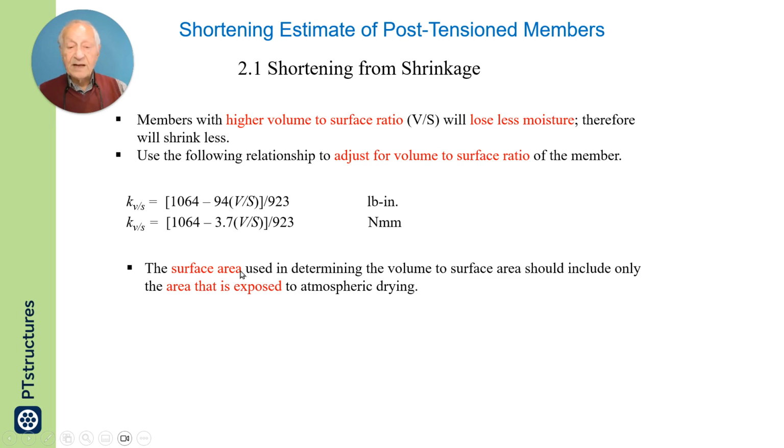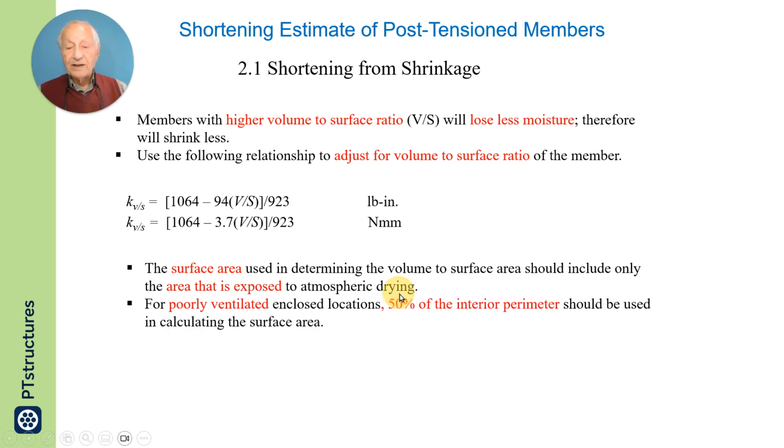The surface area used in determining the volume to surface ratio should include only the area that is exposed to the atmospheric drying. For poorly ventilated locations, use 50% of the interior perimeter.